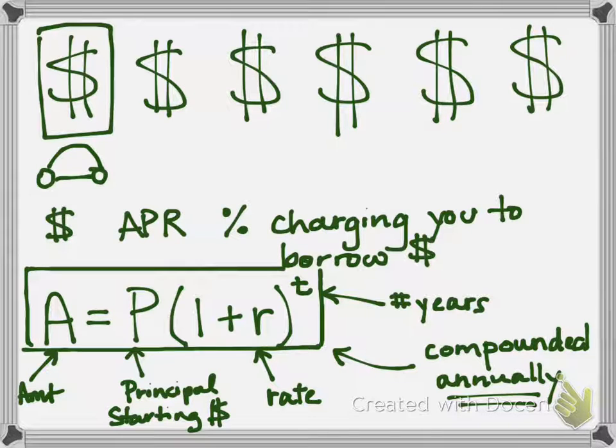We're going to use that formula to figure out some stuff, but the thing I want to stress again is this is the version if you're only compounding once a year. Compounding just means they're only going to charge you one time per year. That's not actually how it works, but I'm keeping it simple right now to get things on the right track. Okay?